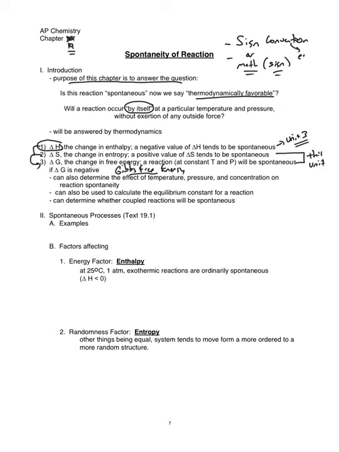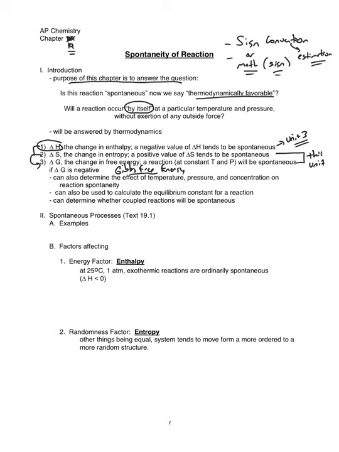The sign convention uses estimation and conceptual application of the materials to predict if the reaction will occur or not. So again, the sign convention predicts if it will occur or not, and then the math really truly determines if it will or will not.